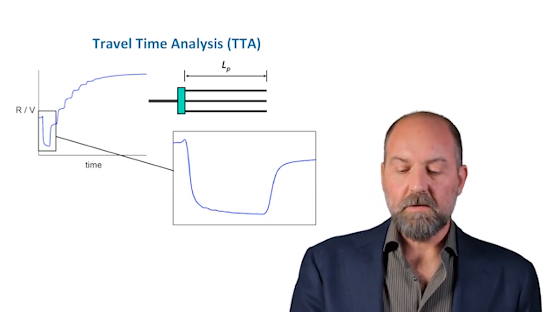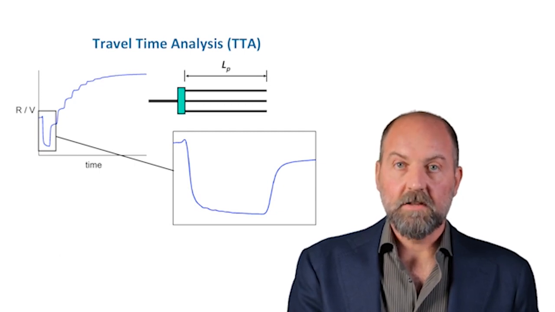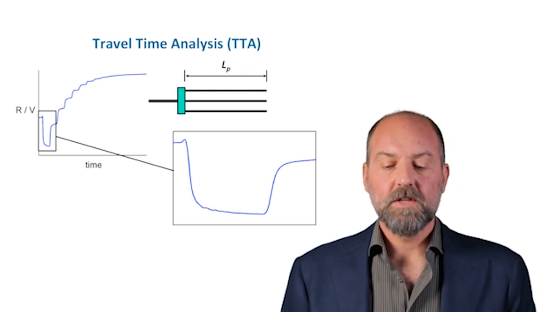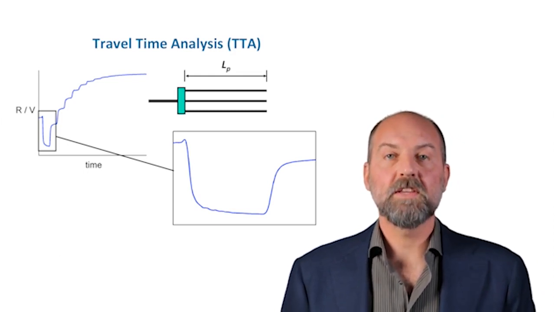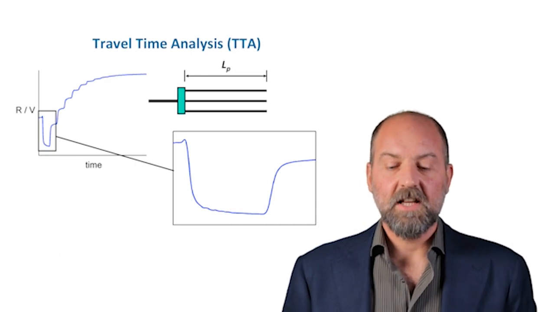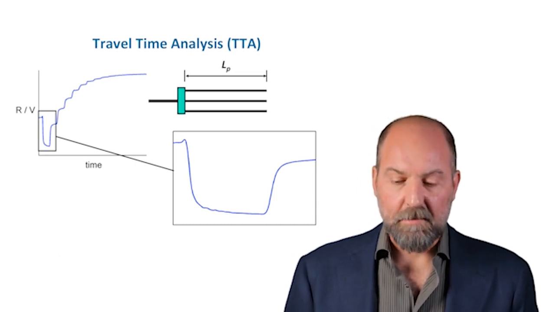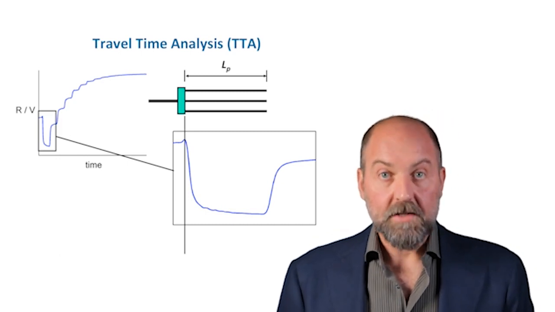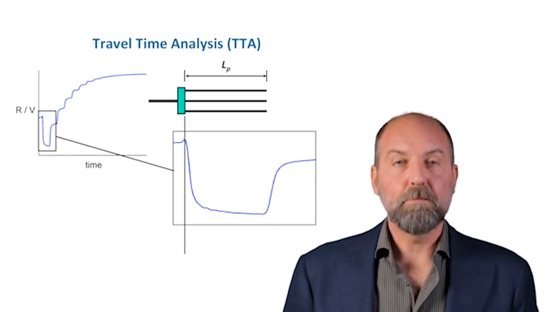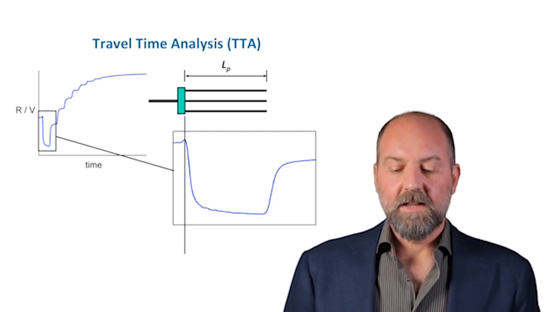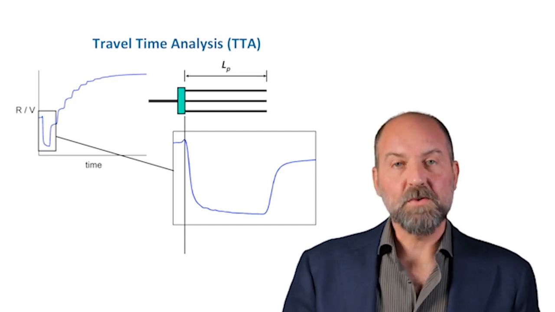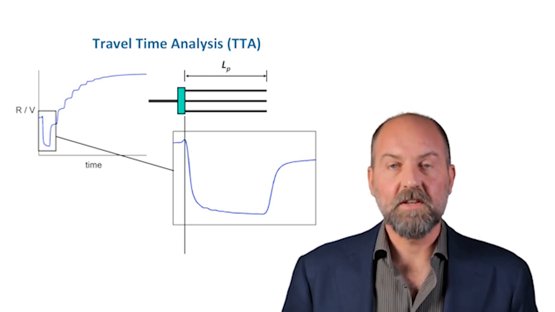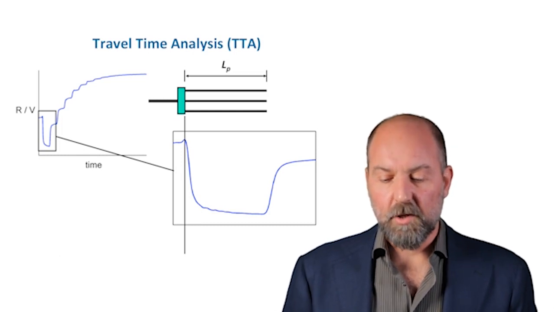The beginning, or if you like, the first reflection of the signal, corresponds to the time when the voltage signal first enters the sample, and is a point in time that we can easily pinpoint. And the second reflection, where eventually the voltage signal goes up, corresponds to the time when the wave reaches the end of the probe.